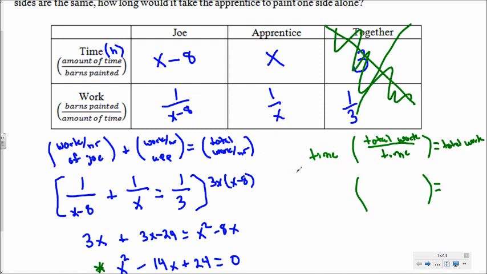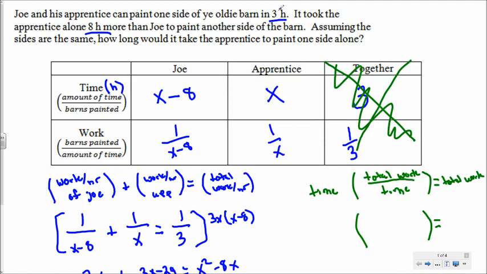So now the amount of time comes from this 3 hours. That's the amount of time they worked together. So time is going to equal the 3 hours. Now the total work is the combination of their two individual parts. So it's the work that Joe did per unit time plus the amount of work his apprentice did per unit time.